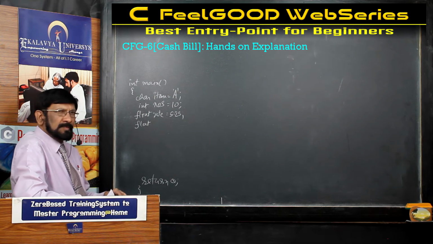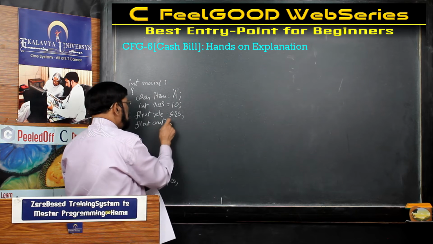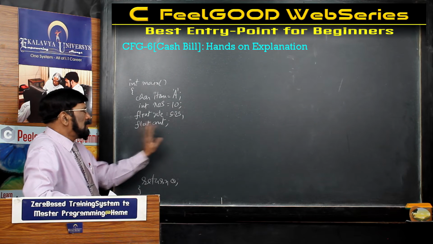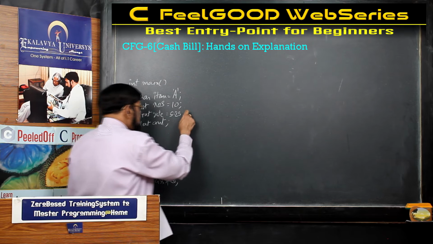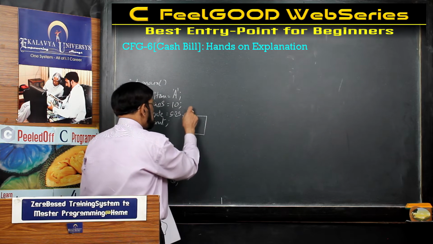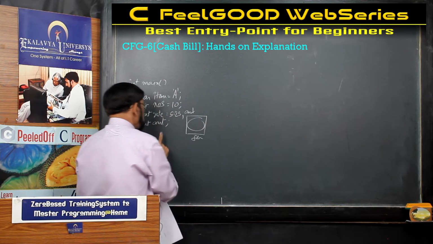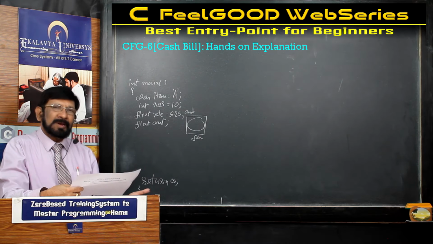Then the result will be float, and the amount name we give AMT. That is enough. Instead of the complete spelling, people can understand amount, but we do not know the value. But we are reserving a variable for this. This amount is a float. We are reserving, but we are not calculating. Who will calculate? The computer will calculate.